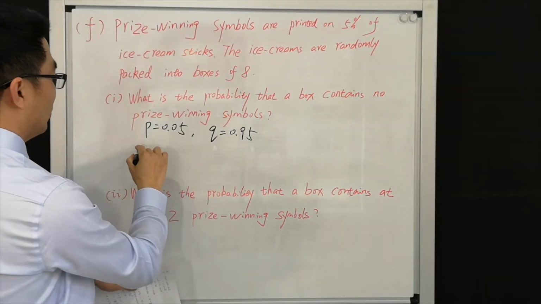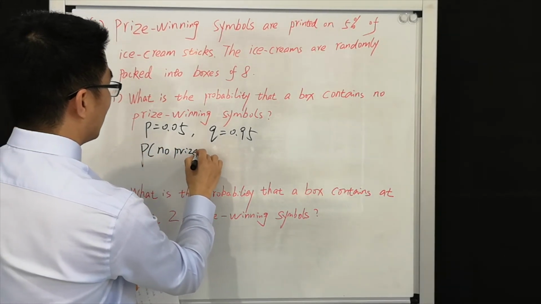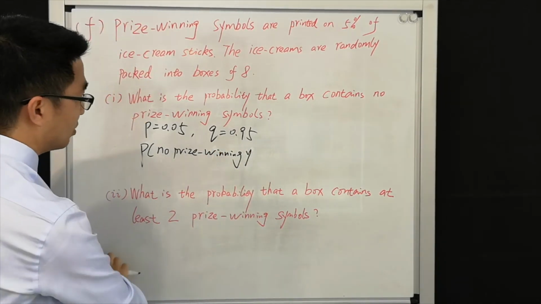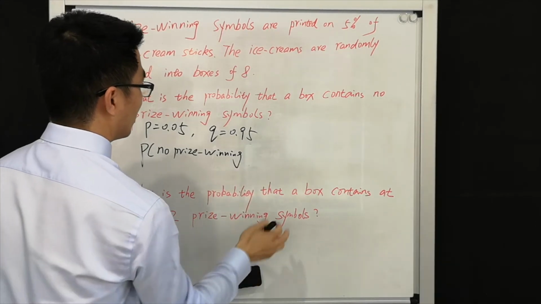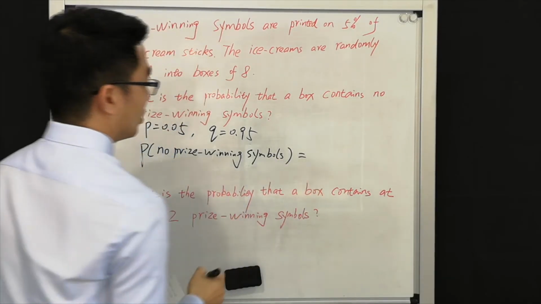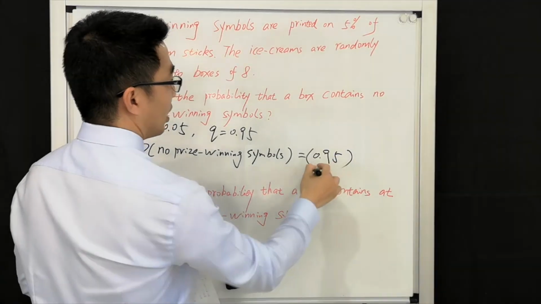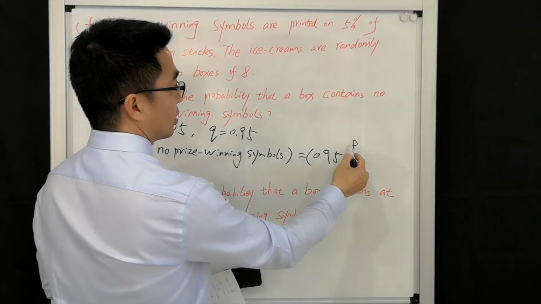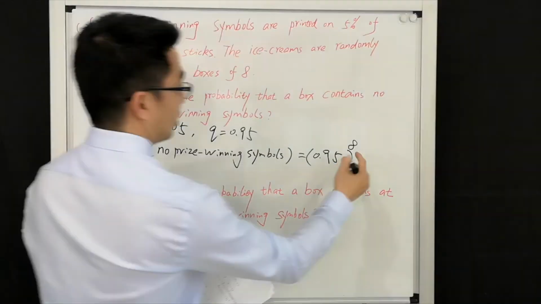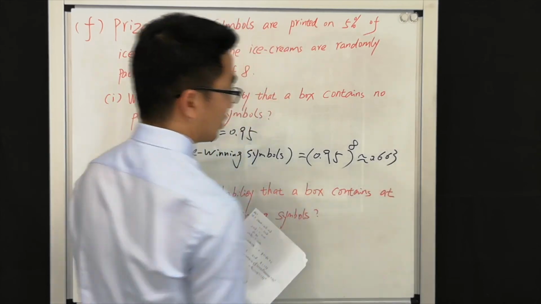For none of them, we have 8 ice cream sticks that are all unsuccessful. So that's the answer. It's roughly equal to 0.663.